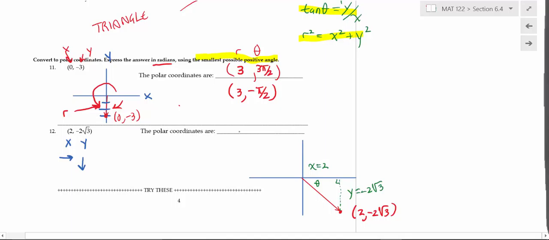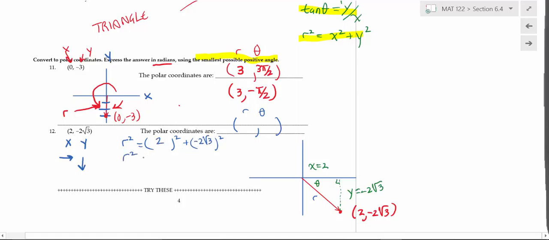So first of all, if we're going to find polar coordinates on this, which is what we're after, we have to find r, theta. Okay, so the way to find r, which is this part, is to use the Pythagorean Theorem. So we're going to say r squared equals x squared plus y squared. Okay, so x is 2, y is -2√3.